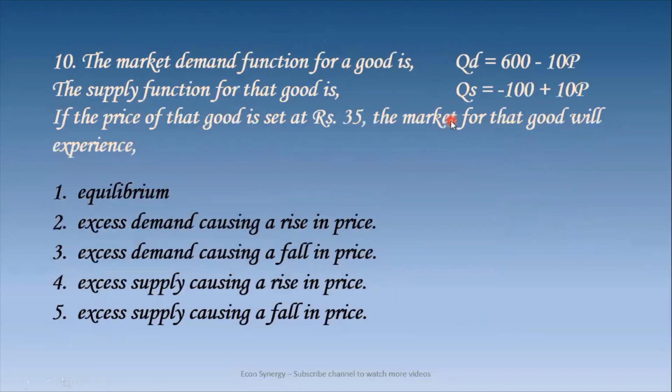The next one. The market demand function for a good is QD equals 600 minus 10p. The supply function for the good is QS equals minus 100 plus 10p.